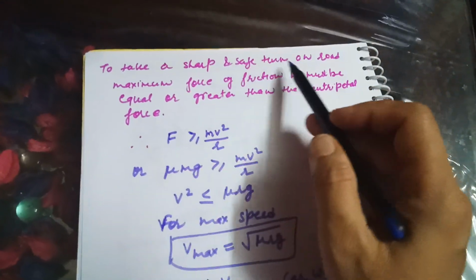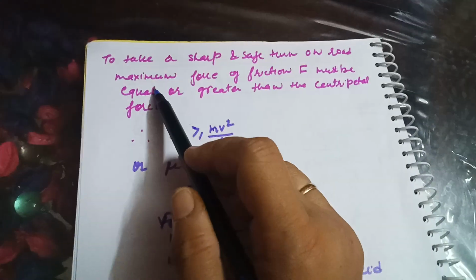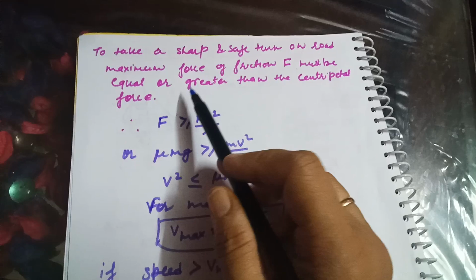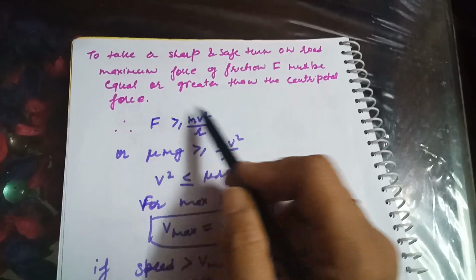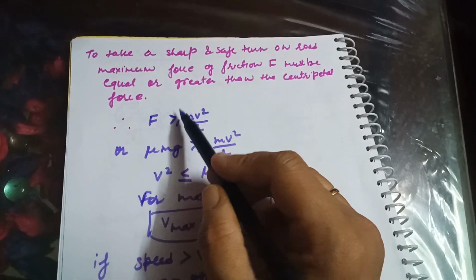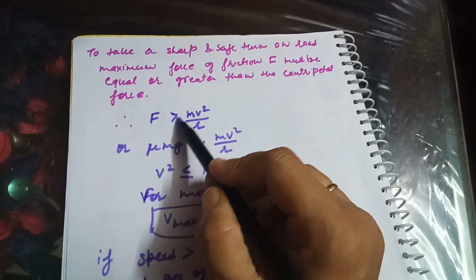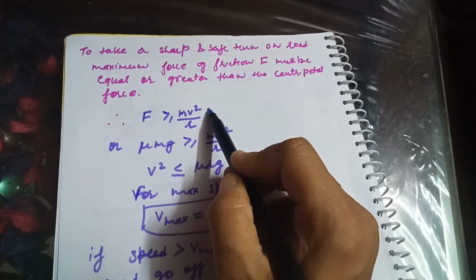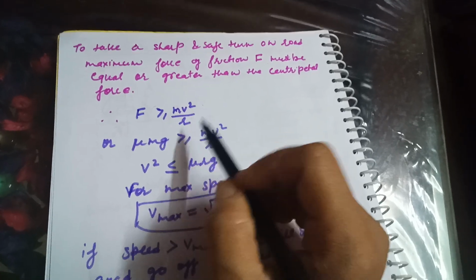To take a sharp turn on the road, the maximum force of friction F must be equal to or greater than the centripetal force, to take a car through a sharp turn on the road.